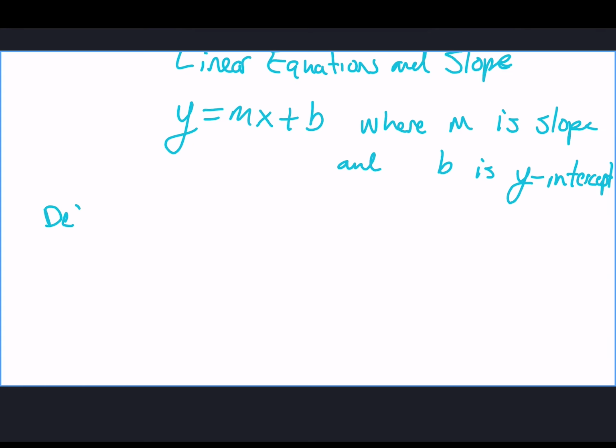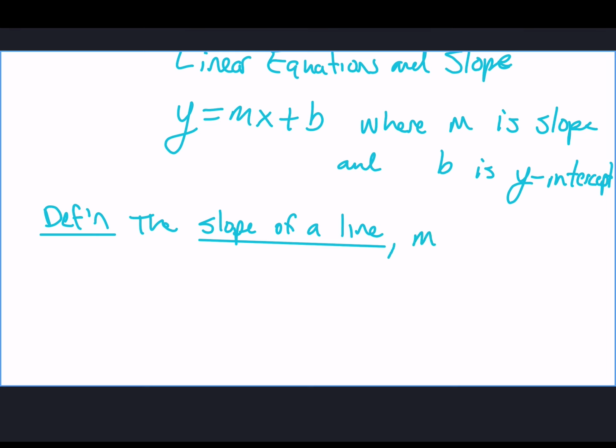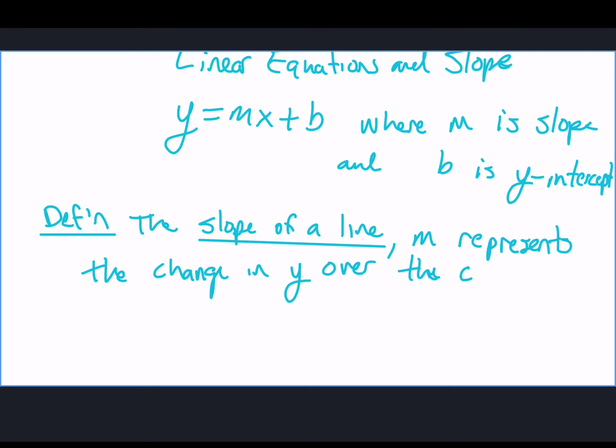Definition time. Let's formally define slope. The slope of a line, which we denote as m, represents the change in y over the change in x.